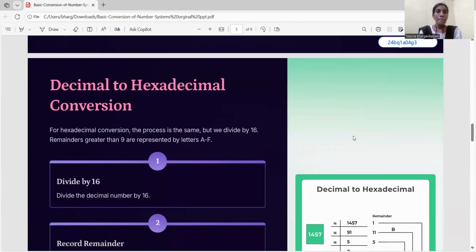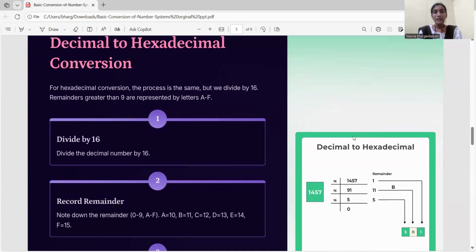Second one is decimal to hexadecimal conversion. Here we convert decimal number to hexadecimal. We need to divide the number with 16 and the remainders are written 0 to 9 if they are between 0 and 9.